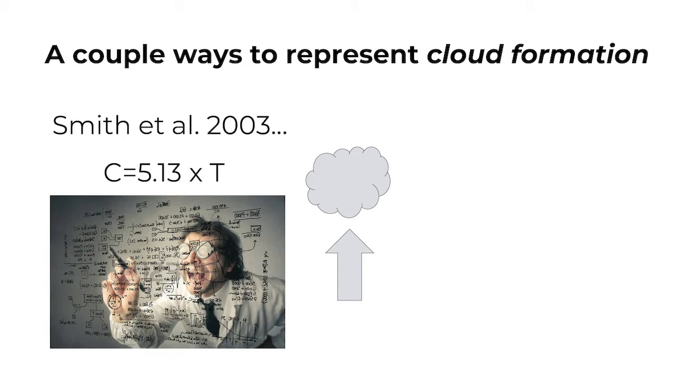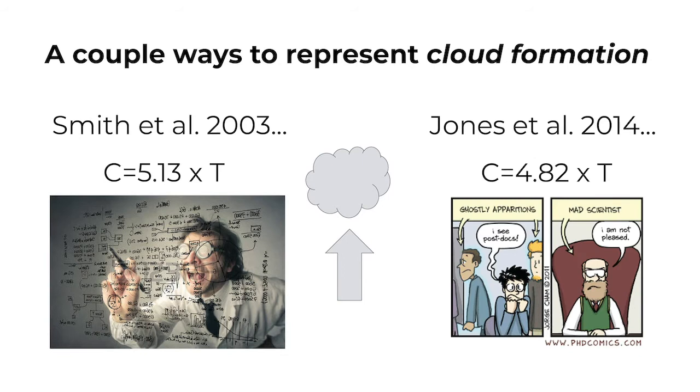This is one particular theory for cloud formation, and this is one particular equation that might be used in a global model. Let's say a couple of years later, another scientist and his or her postdocs come up with another equation after repeating analysis in a different location or using slightly different methodology to approach the same question about how clouds are formed. They come up with a slightly different relationship between temperature and cloud formation.